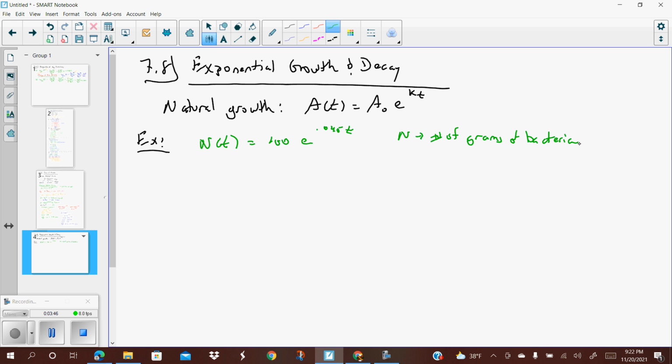So we're going to do a bunch of different parts. Part A, determine the initial amount of bacteria. I do apologize for all the writing on this one.